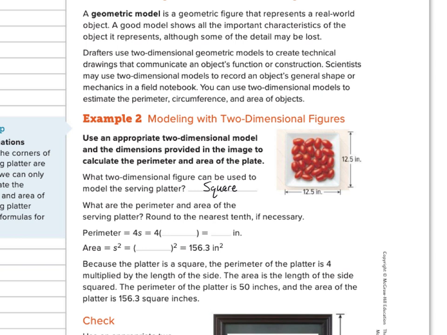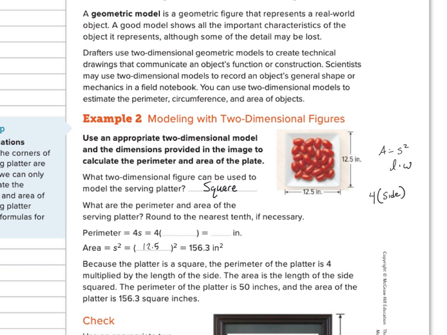Well, the area is going to be, they say side squared or just length times width, side squared. So you have 12.5 times 12.5. And then the perimeter, I can either take and say 4 times the length of one side, or I could add up the sides 4 times.